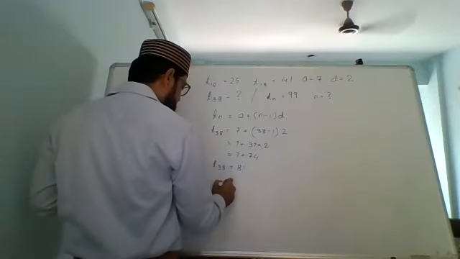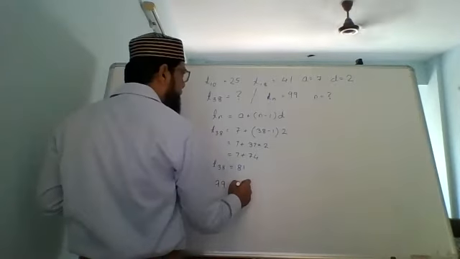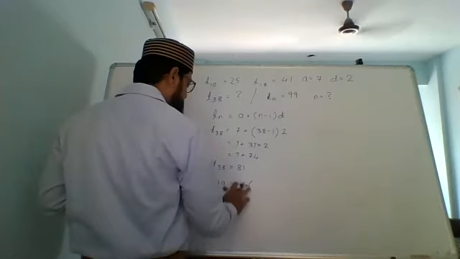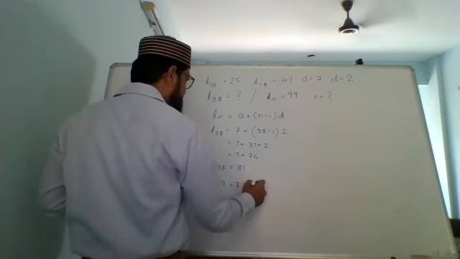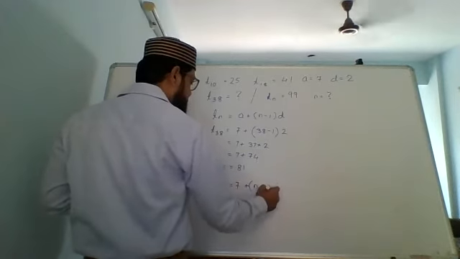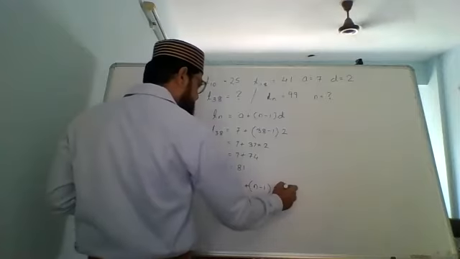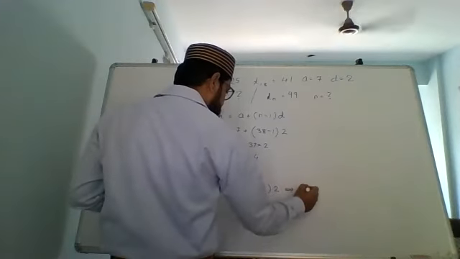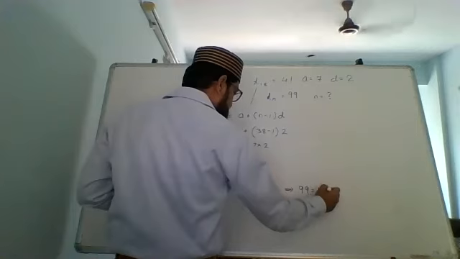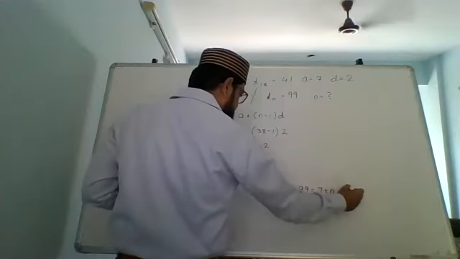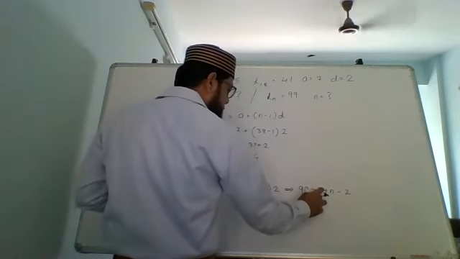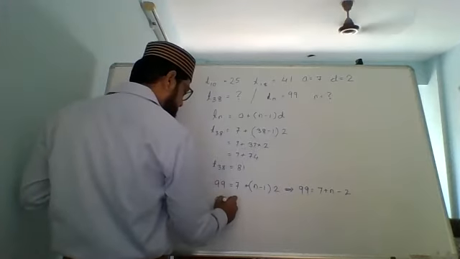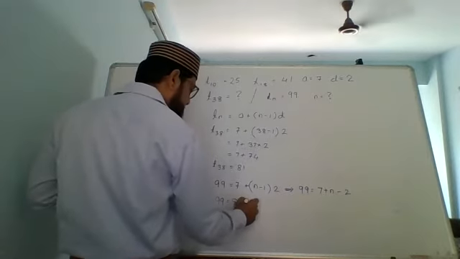So 99 equals A, which we have found as 7, plus (n minus 1) into D, which is 2. Expand this. So we'll get 99 equals 7 plus 2n minus 2. 7 minus 2 is 5. So 99 equals 5 plus 2n.